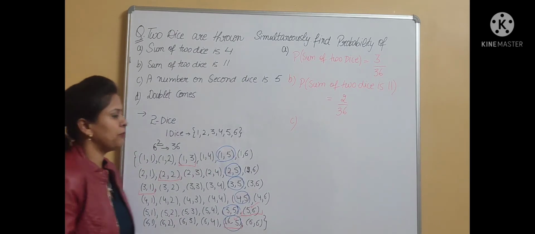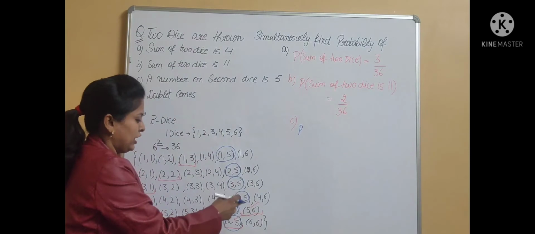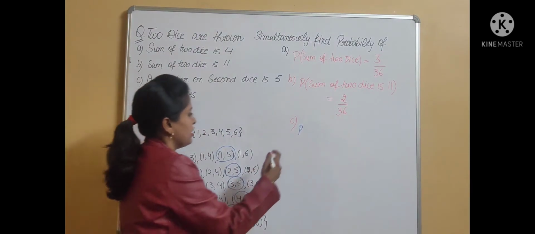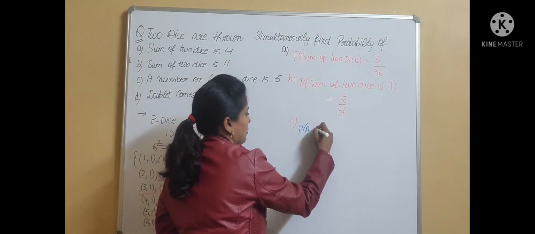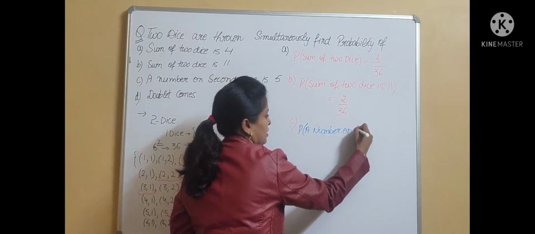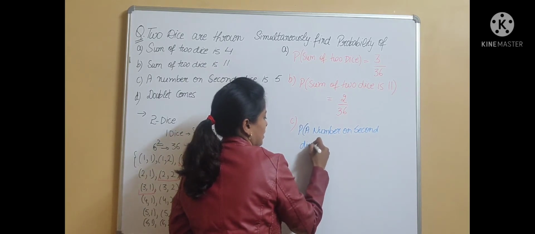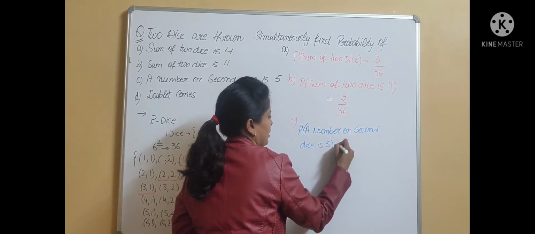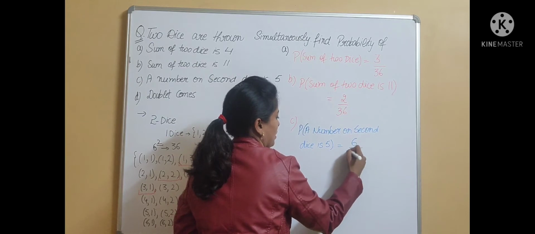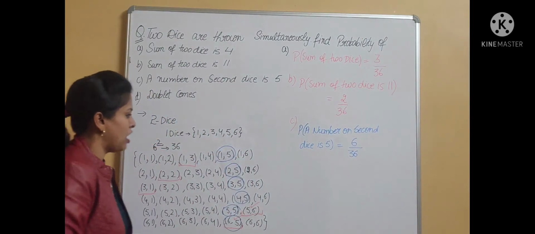So the number of favorable outcomes are 1, 2, 3, 4, 5, 6. The probability that the number on the second die is 5 is equal to the number of favorable outcomes divided by the total number of outcomes.